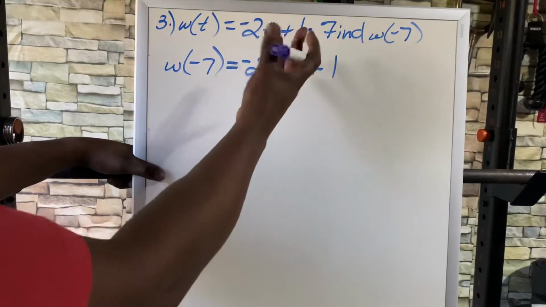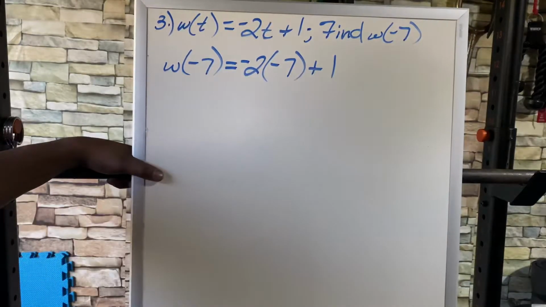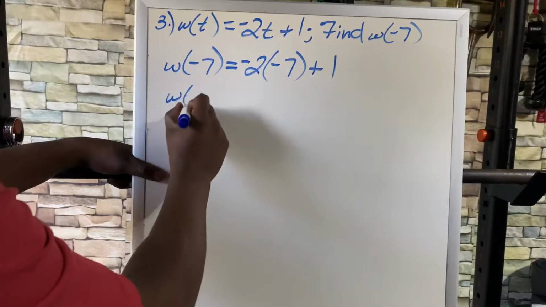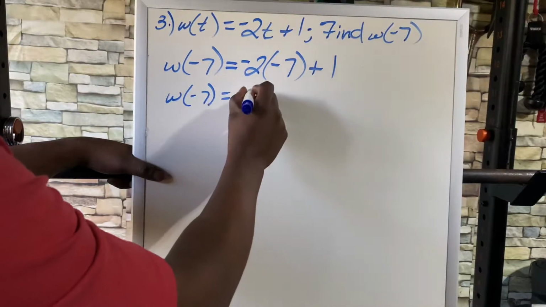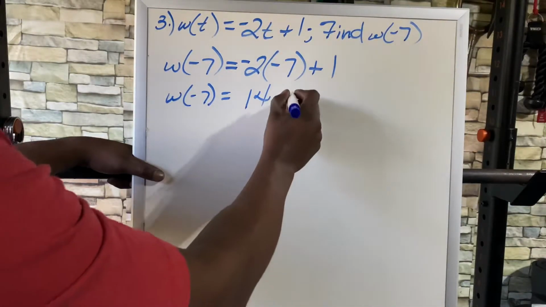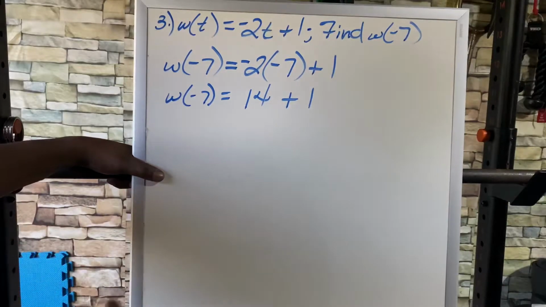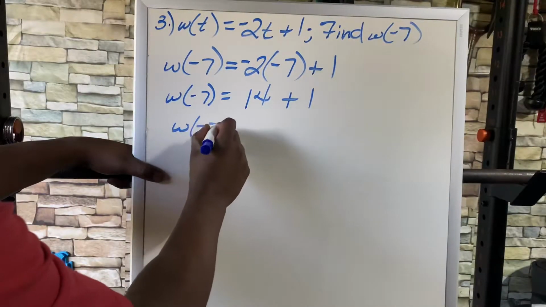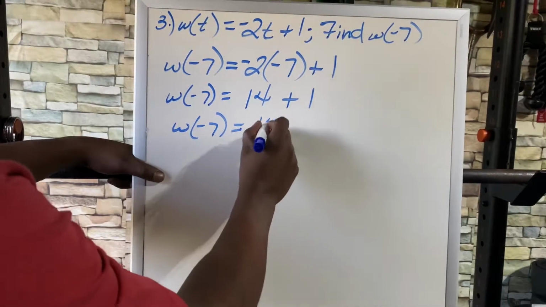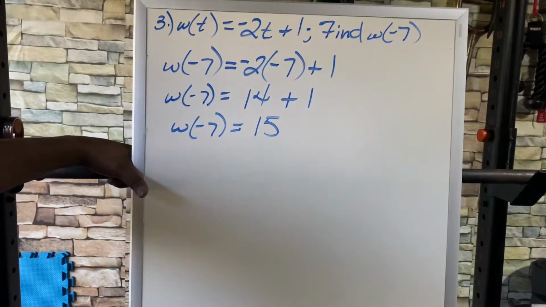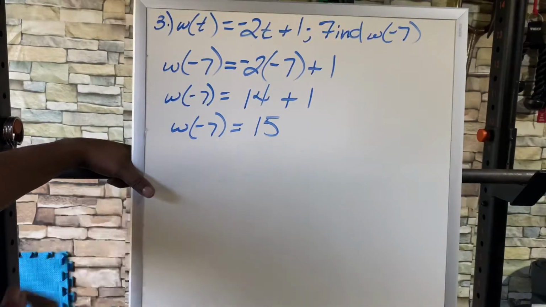Negative 2, multiplication first. Negative 2 times negative 7 is positive 14. 14 plus 1 is 15. So the way that we read our answer, W of negative 7 equals 15.